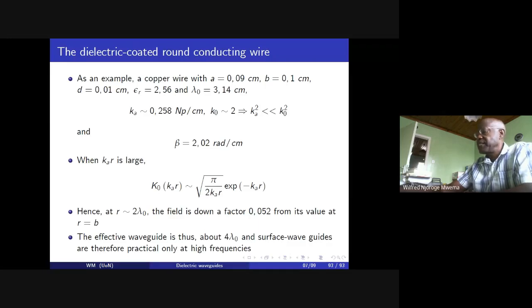And therefore, we can use this to guide radio waves around the Earth without reflection, without attenuation. And therefore, we can allow for large distance communication. That is, you can talk to anyone around the Earth when we use it as our waveguide. And that brings us to the end of that particular topic.